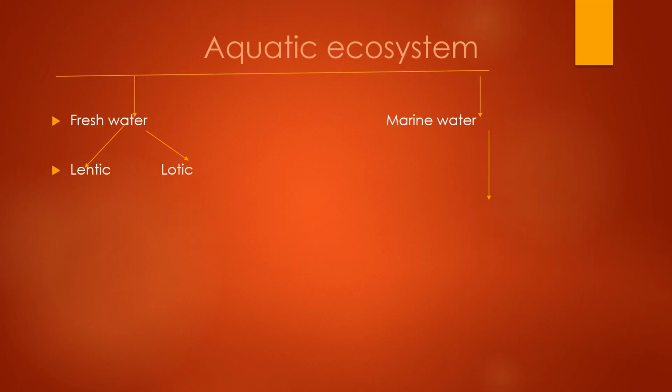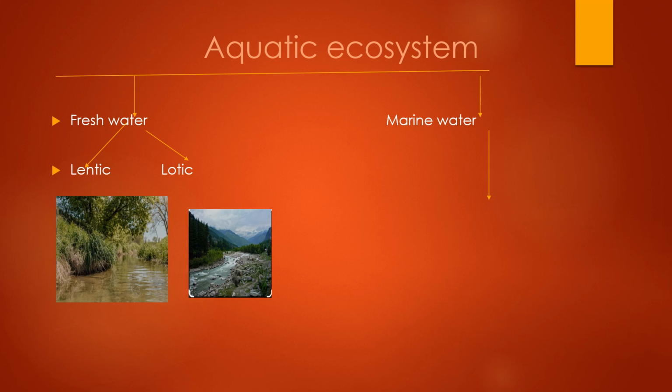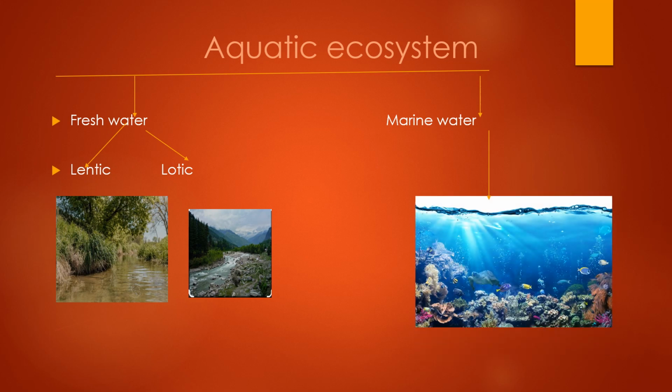Next one is the aquatic ecosystem. In aquatic ecosystems, some are freshwater and some are marine water ecosystems. In the freshwater ecosystem, some are fast moving, which we call lotic ecosystems, and stagnant water bodies are called lentic ecosystems.